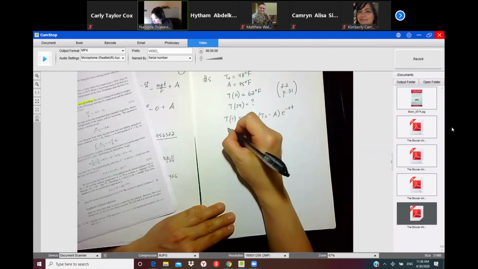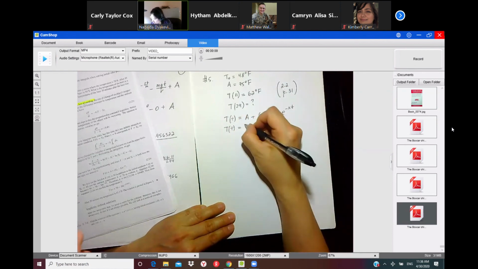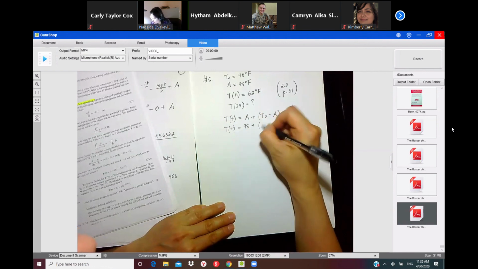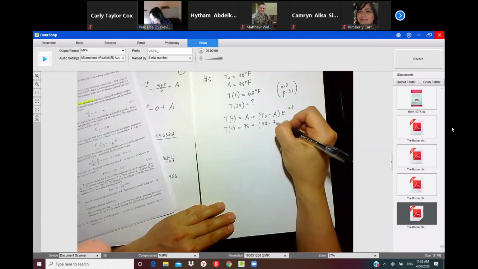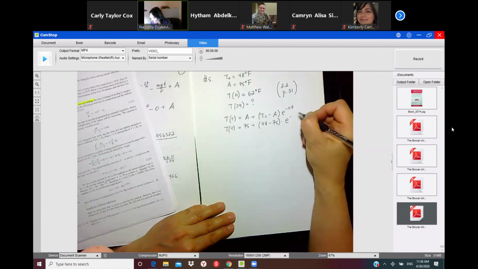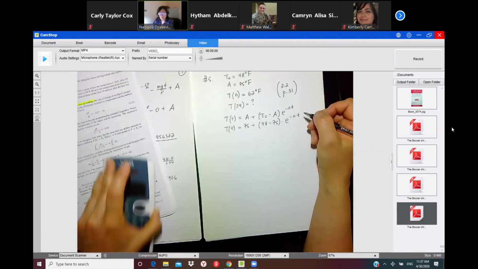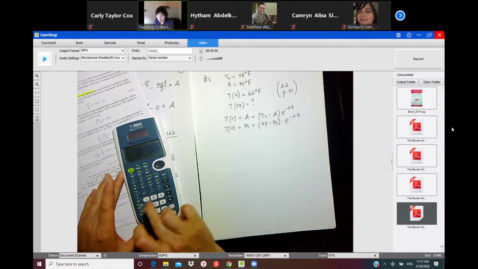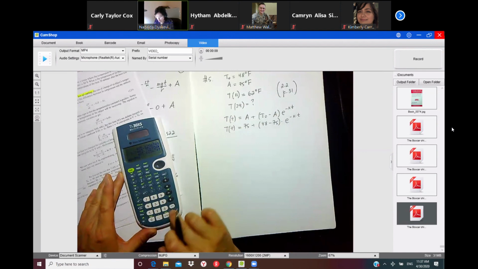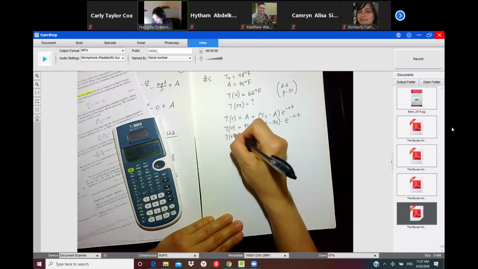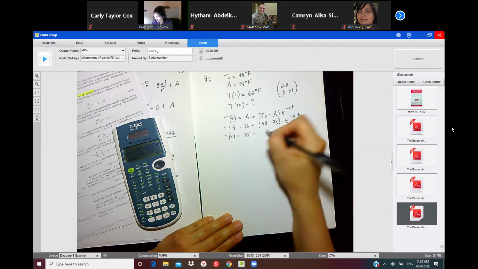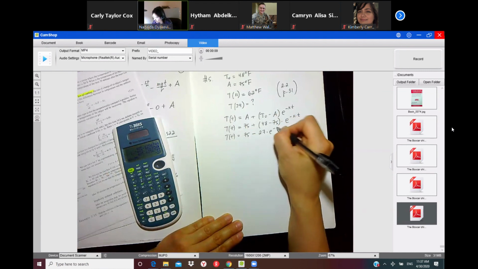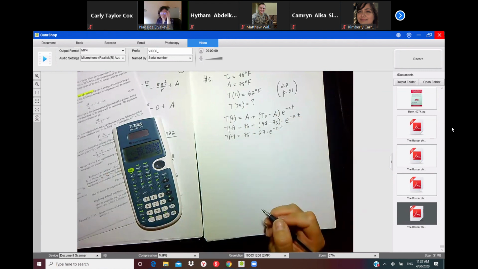So we have A is 75, 48 minus 75, e to the negative k. K is not given, we will have to find it. So 48 minus 75, so we have minus 27, e to the negative kt, all right?